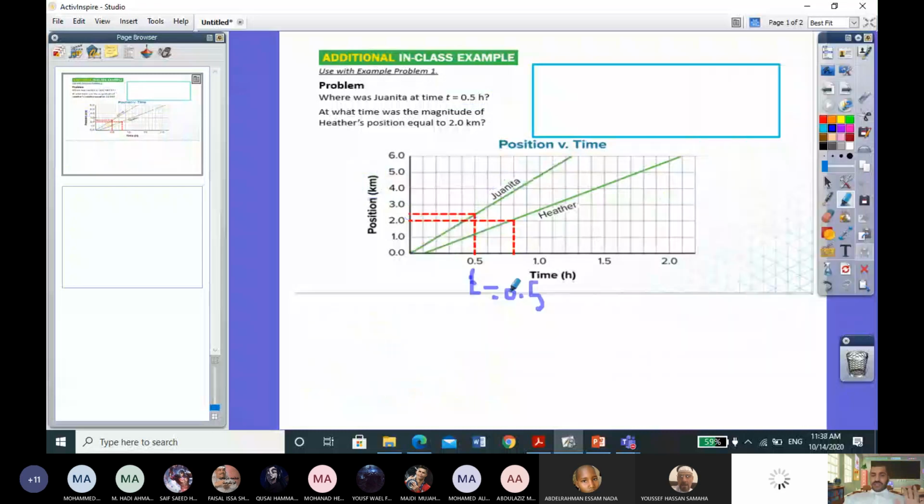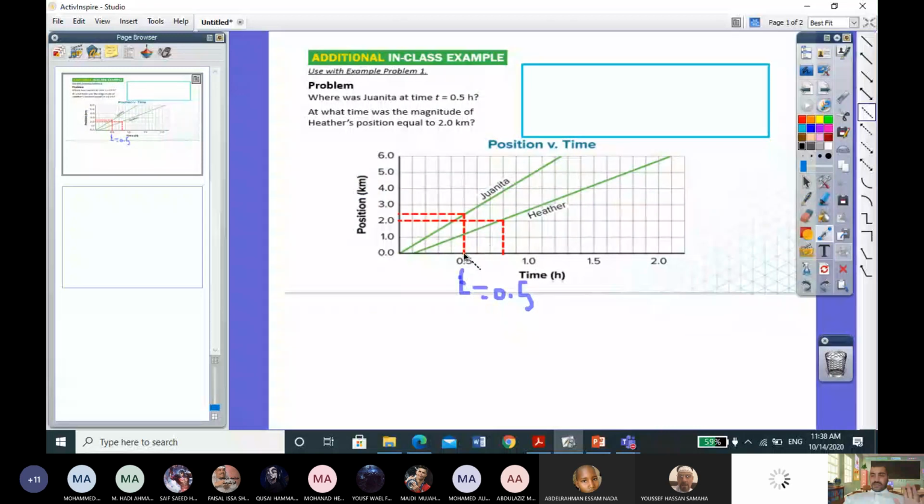I will come to this value, this black dotted line. Can you see it? From 0.5, I go to Janita's position. It will be a value of 2.5. Why 2.5? Because it's between 2 and 3. You get it, Karim? Yes, miss.